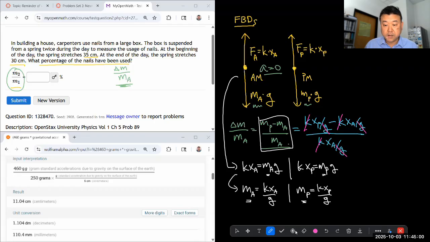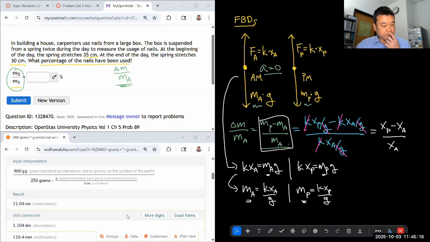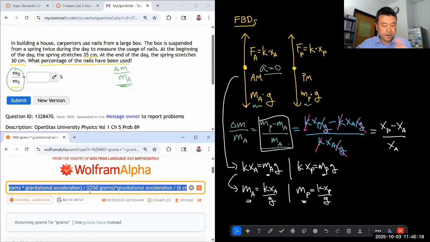So I get as a final expression that I think ought to be graded as correct: the displacement in the afternoon minus displacement in the morning, divided by the displacement in the morning. Let's see if that'll be graded as correct. So I think I can just plug in the numbers without units.